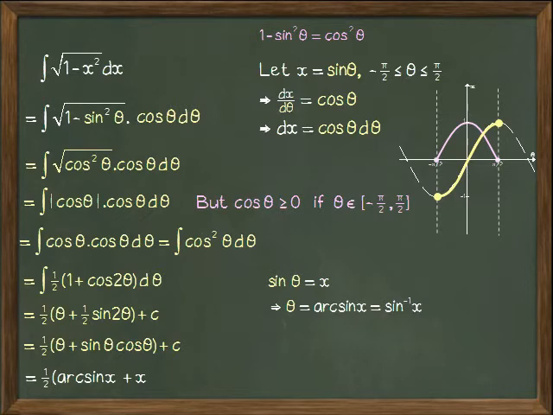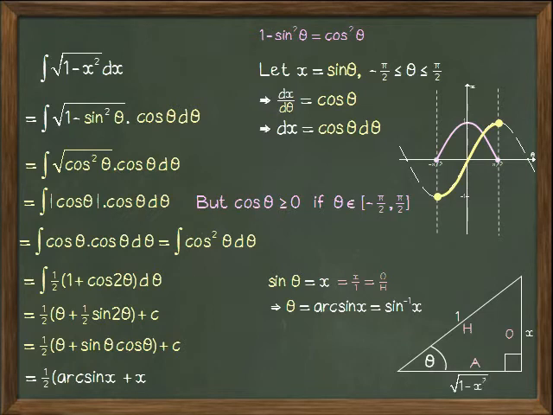For this purpose, we will draw a right-angled triangle with reference angle theta and look again at the relationship of sine theta equals x, which can be written as x over 1, which is therefore equal to the opposite over the hypotenuse, as we know the relationship of sine theta to be. So in my triangle, I can fill in that my hypotenuse is 1 and my opposite side is x.